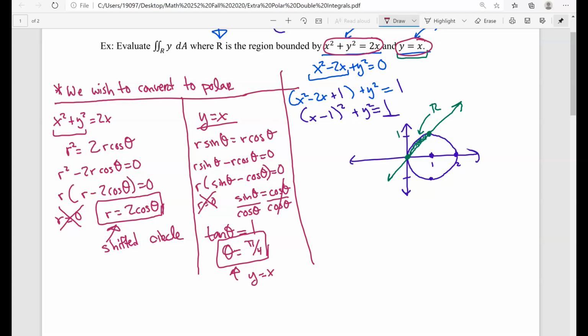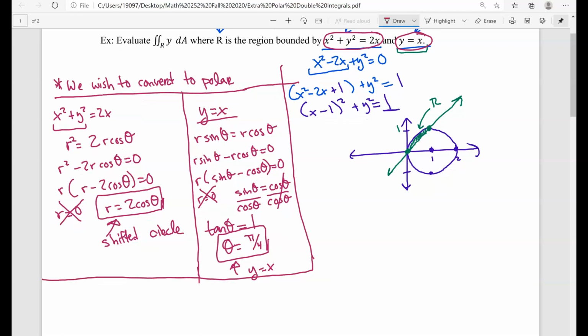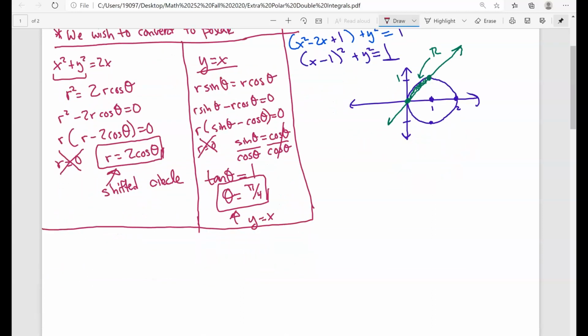Okay, now why was that useful? Why did we go through all that work? Well, now it'll help out when we're trying to set up our double integral. So we have right now our double integral over the region R of y dA.